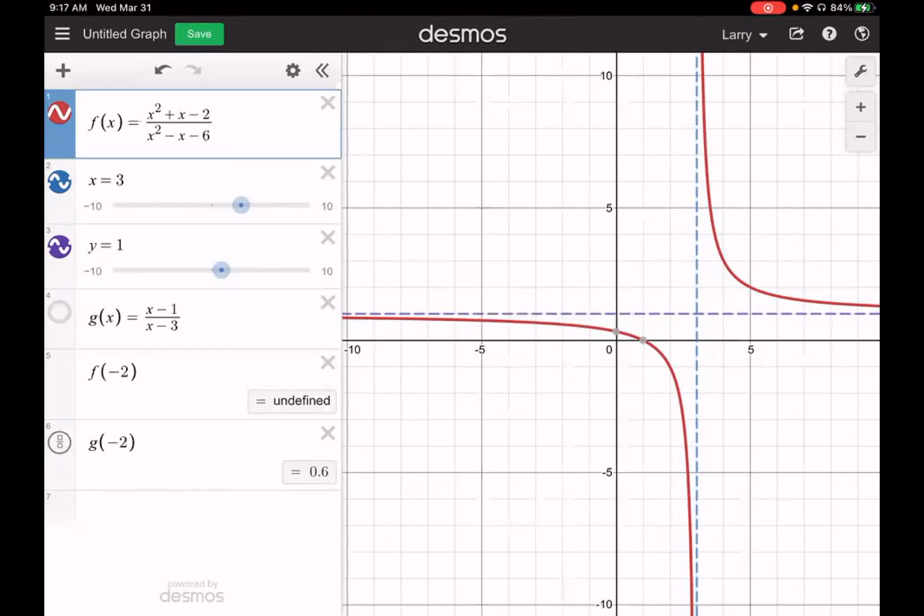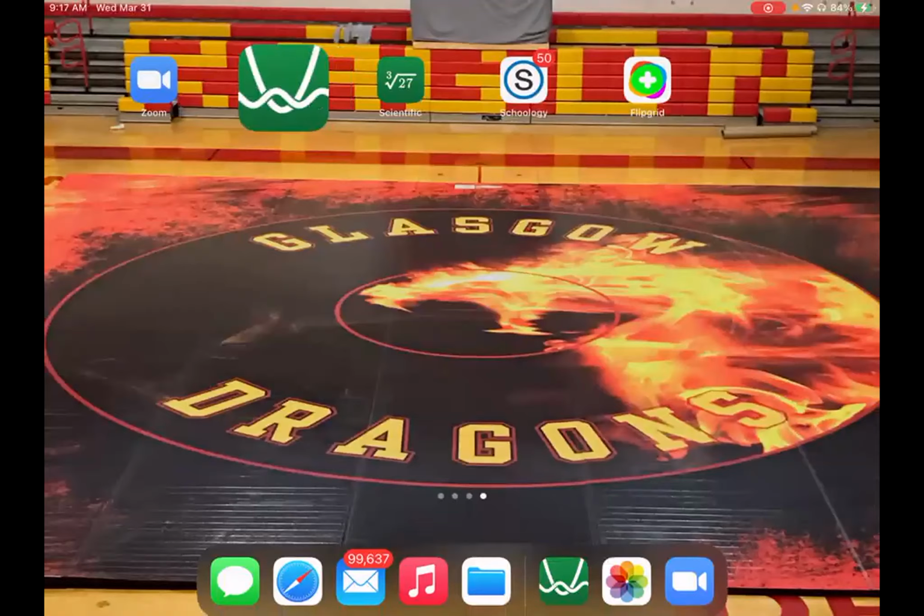So again, even though it reduced to that graph, we see that technically, because our original function would give us a 0 in the denominator when we plug in -2, it ends up being undefined there.